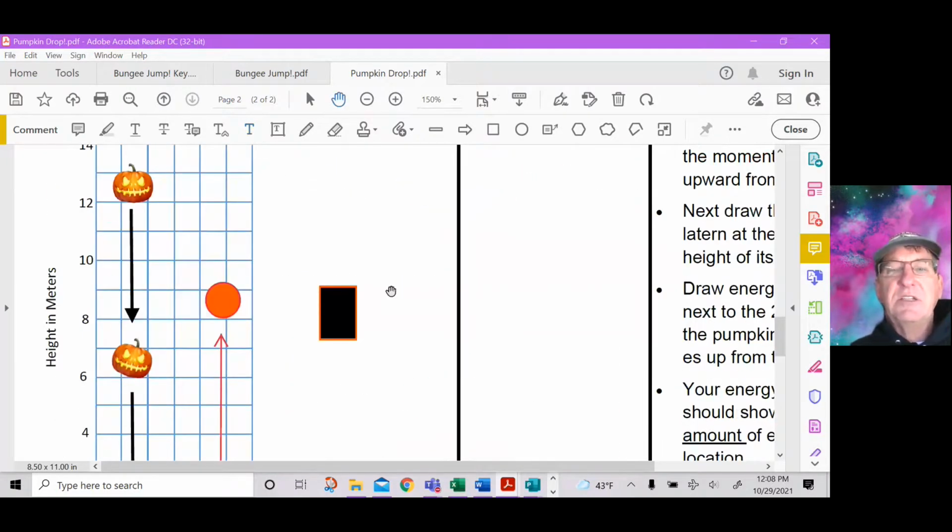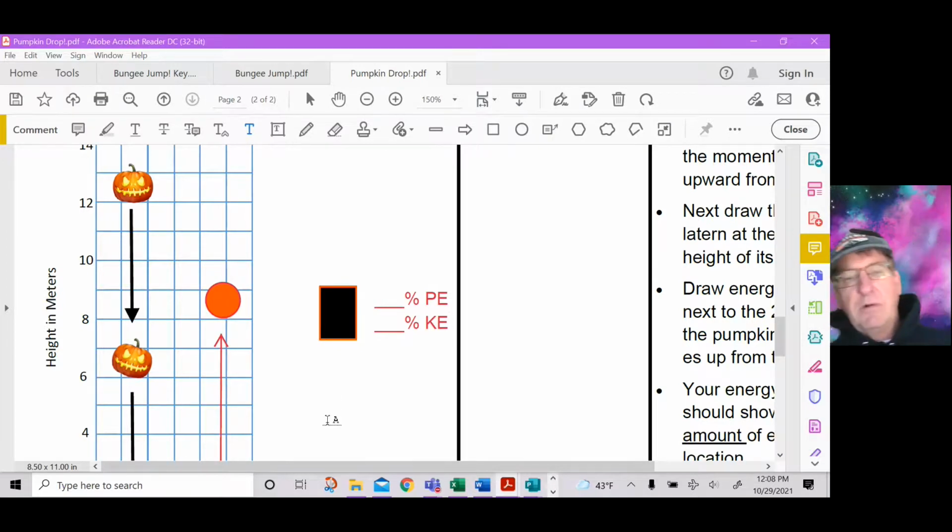I'm going to click text. I'm going to click to start a new text box, and I'm going to paste this in there. I would like you to label this and color this correctly. I'm not going to do this one for you, but I'm going to give you these hints that the ball has stopped moving and it's ready to fall. It's almost like we're just dropping it all over again.